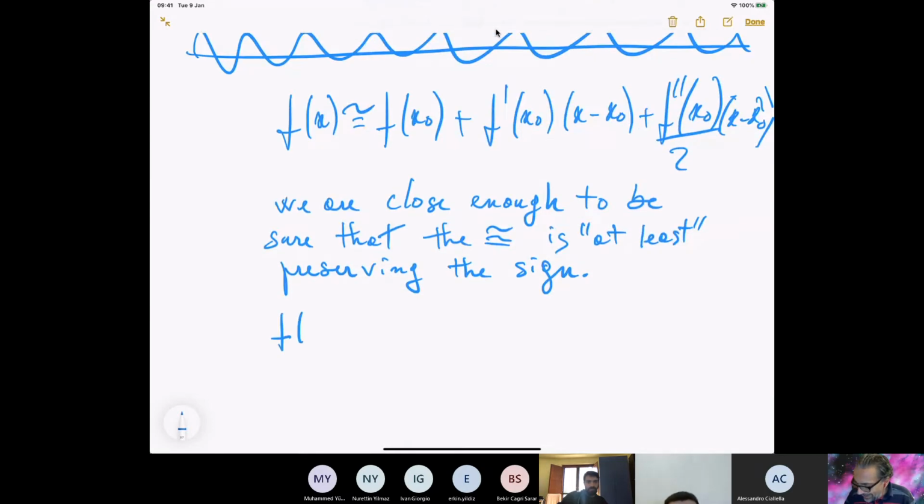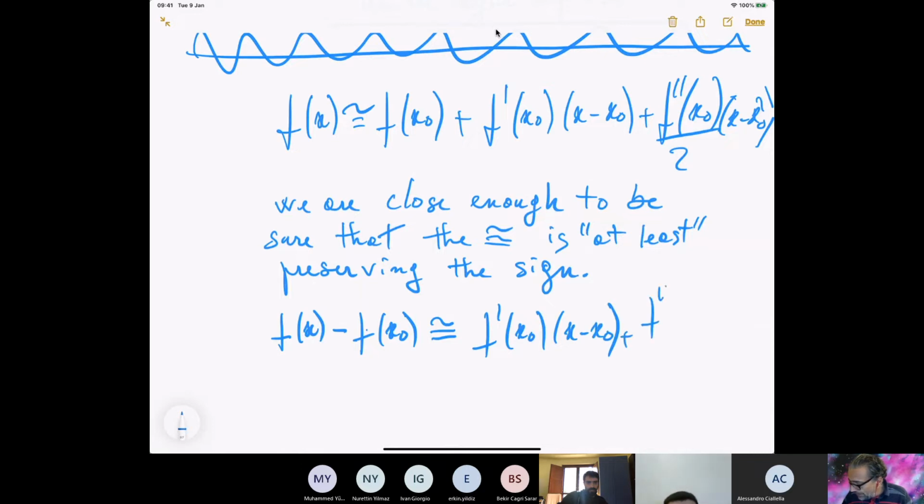So f of x minus f of x0 is nearly equal to f prime x0 times x minus x0 plus f second x0 divided by 2 times x minus x0 squared.